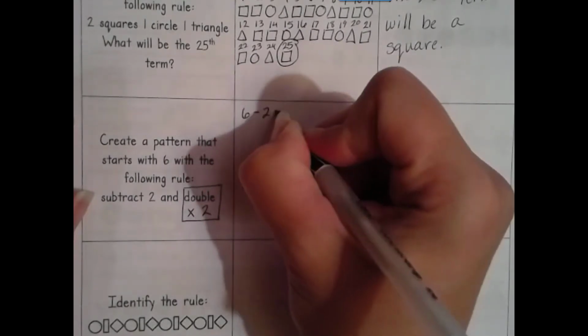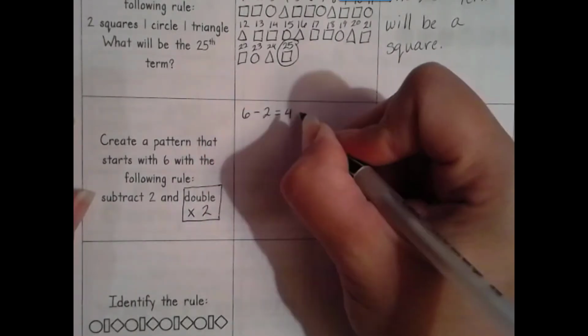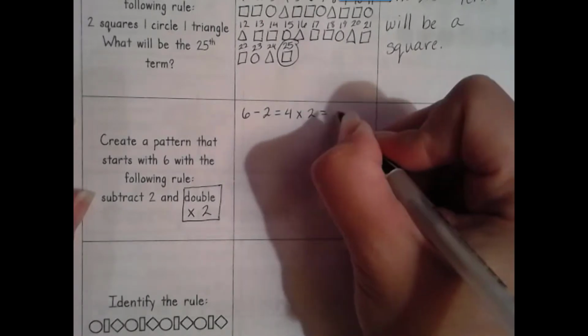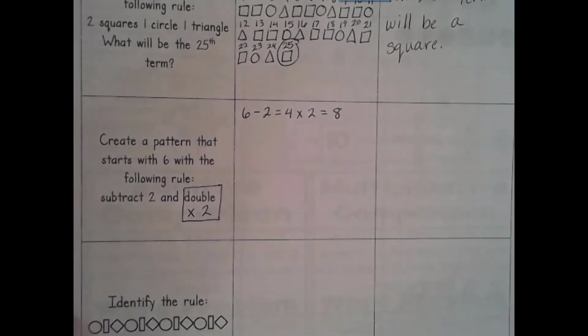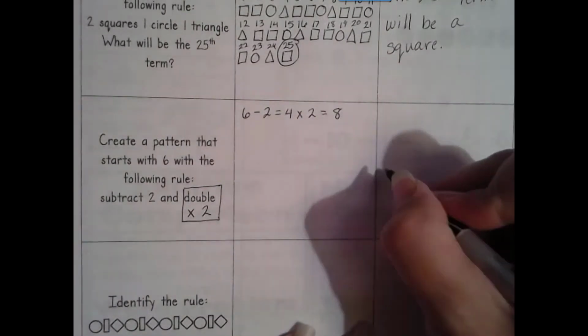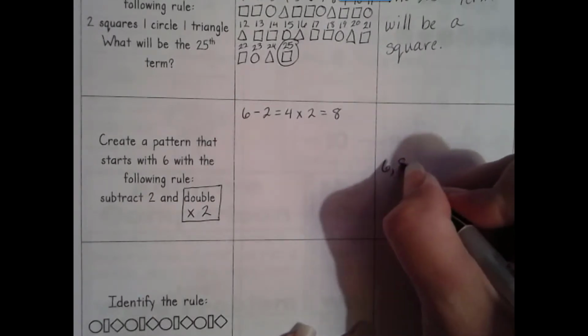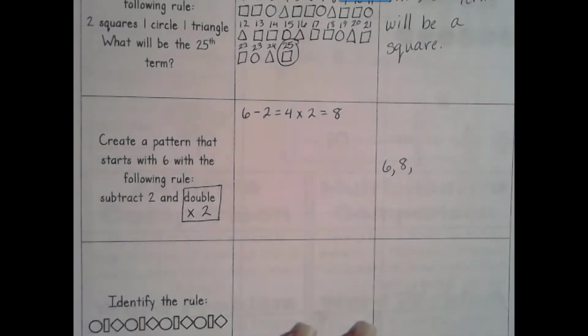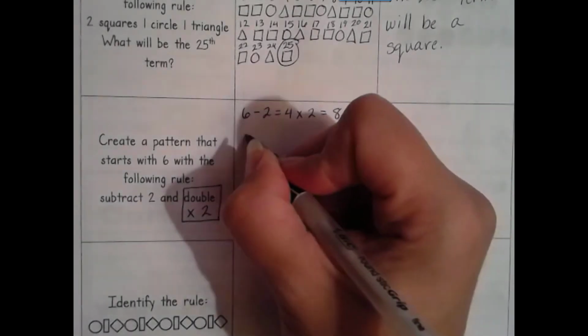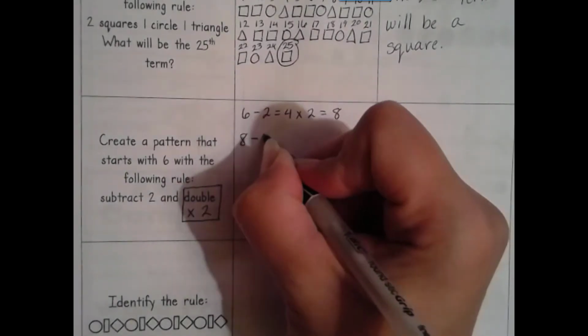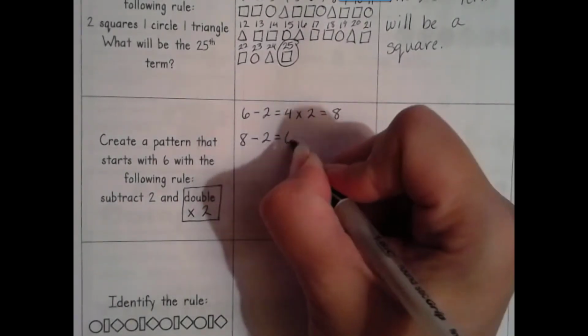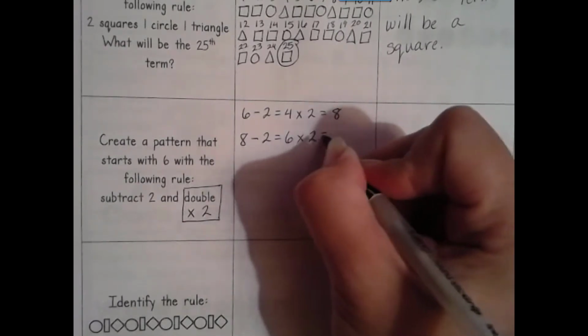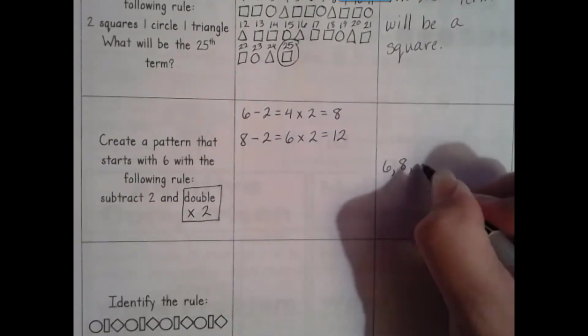I need to subtract 2, which is 4. And then double, which is 8. So my first term is 6, then 8. Okay, let's see what our next one is. So now I start with 8, subtract 2, which is 6, and double, which is 12.